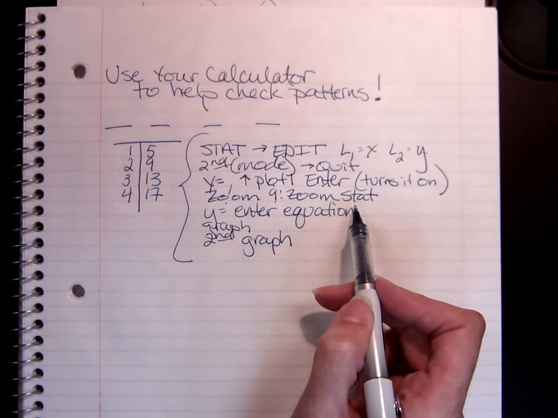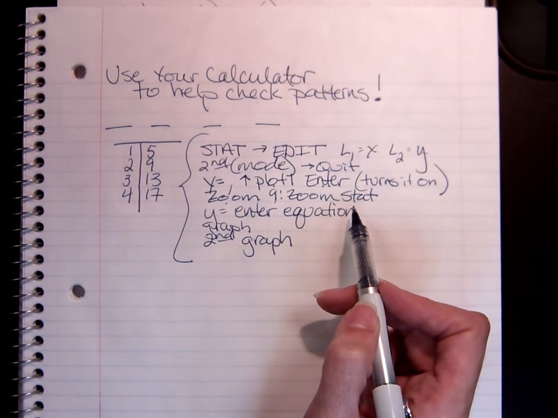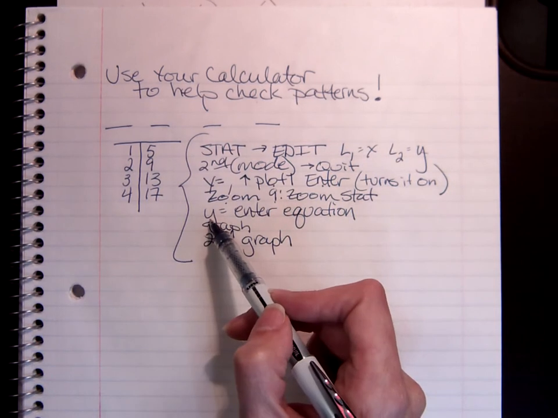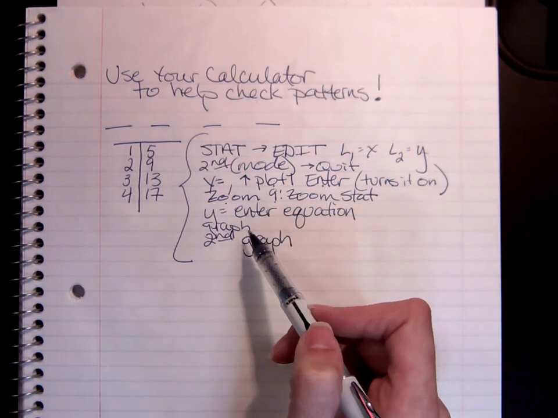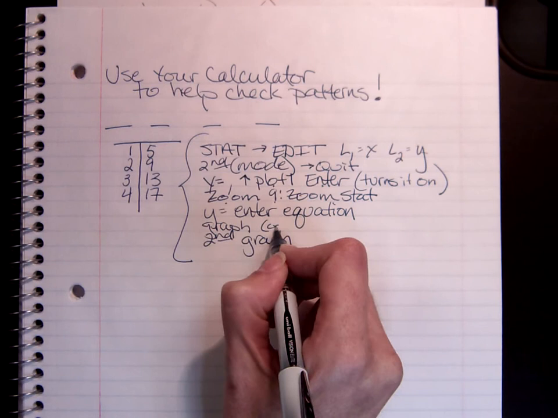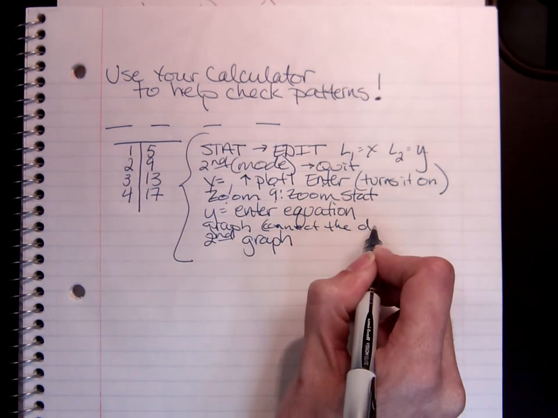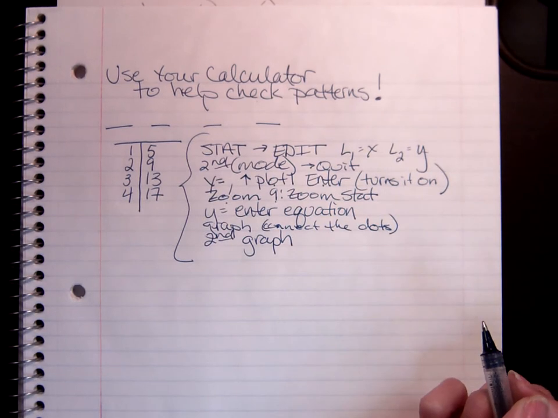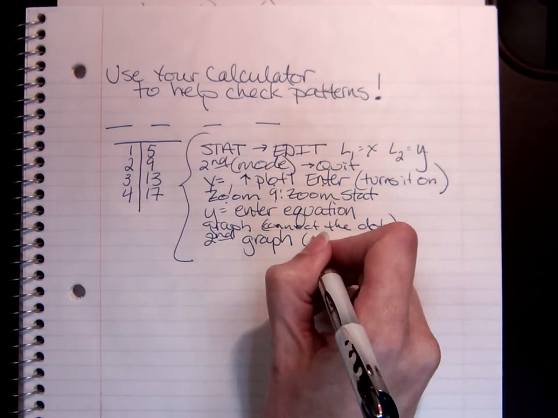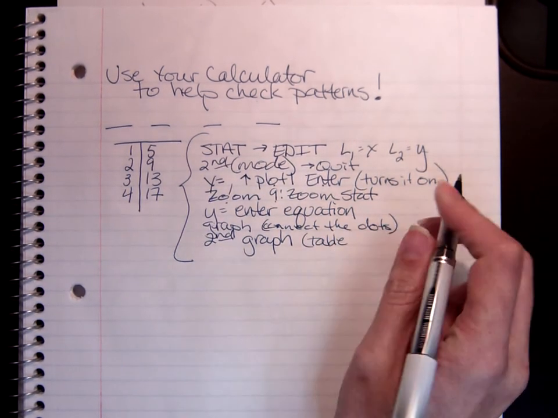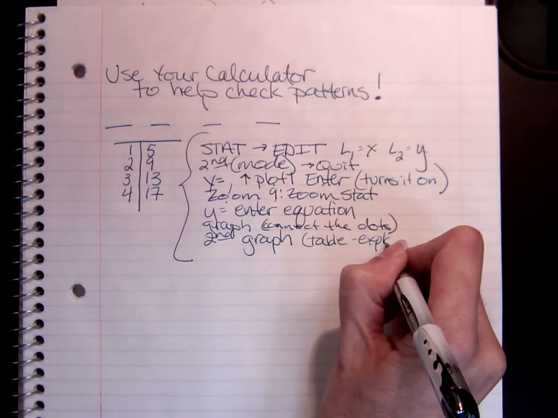That reframes our data in the window so that we can see exactly what we're working with. Go back to Y equals to enter our equation, and when we graph it, we should see it connect the dots. And then second graph takes us to our table so that we can explore values.